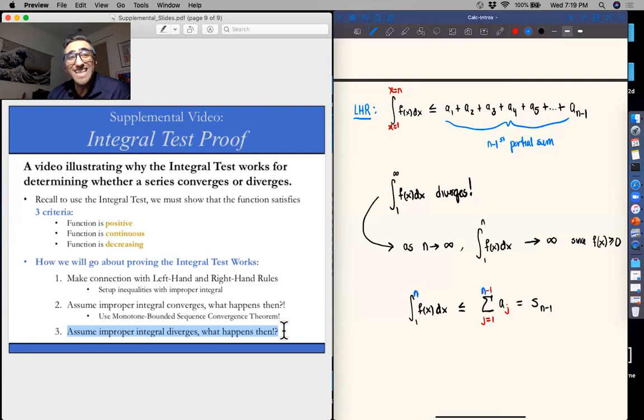And basically the only thing left is to say, well, as n goes to infinity, we know something that happens. As n goes to infinity, we know this integral is going towards infinity.